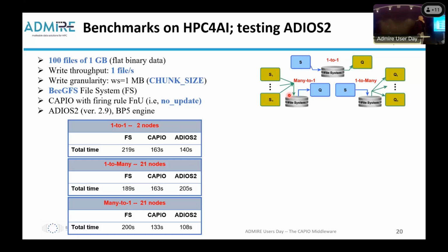As you can see, we are consistently better than the file system, where FS is BeeGFS, and as expected, we are worse than ADIOS 2 in all cases but one-to-many.